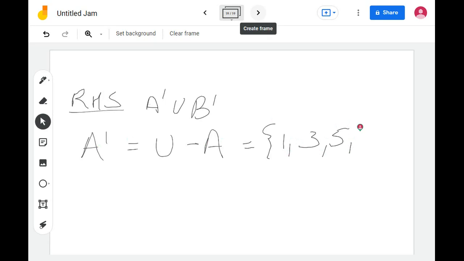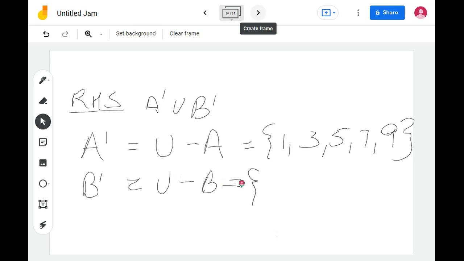This is our A complement, and our B complement is union minus B. So B complement is 1, 4, 6, 8 and 9. This is B complement.